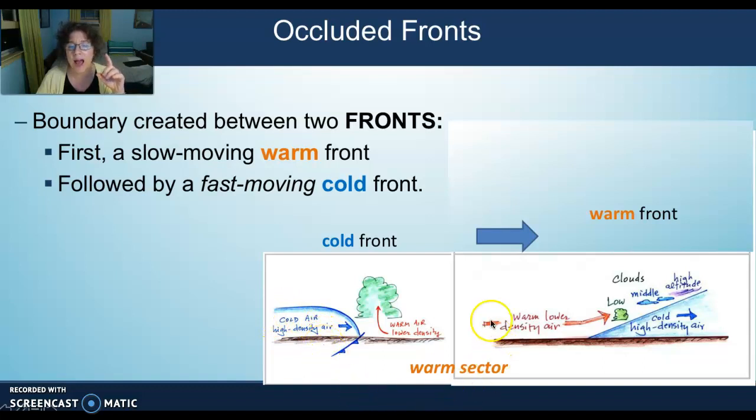The point being, I have a big warm sector in here between the warm front and the cold front. The occlusion, the secret, is what happens to this warm sector. It disappears and it fuels a fierce storm.